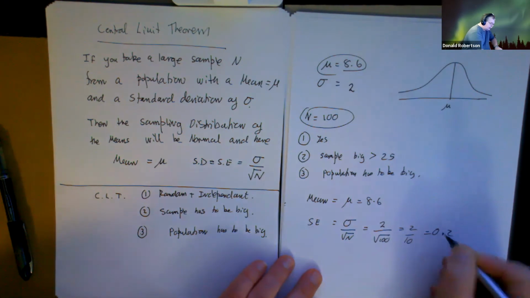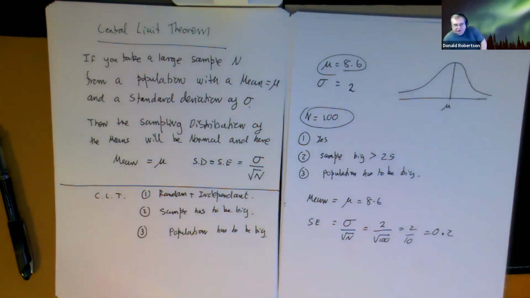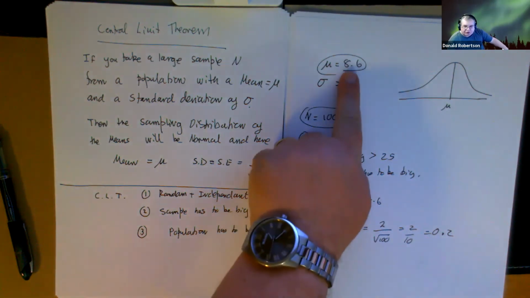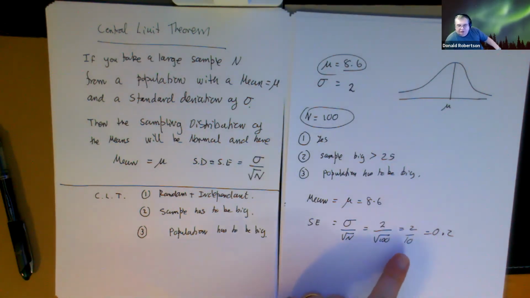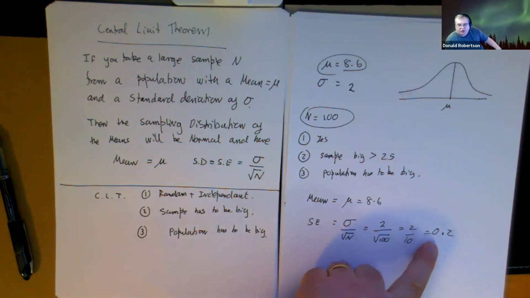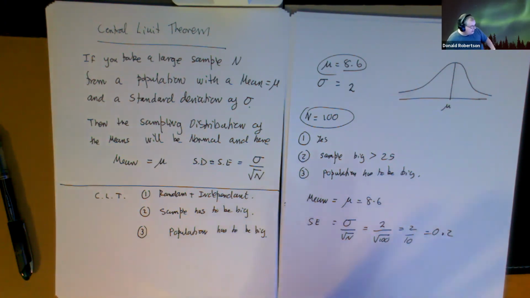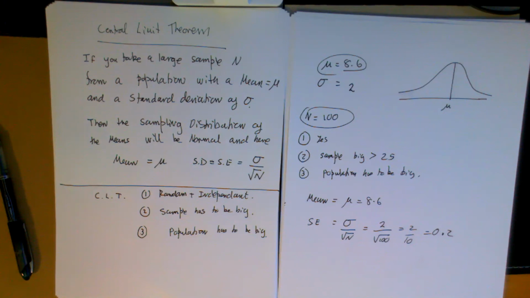So that's the new way that we're going to approach calculating what the sampling distribution looks like. It's going to be normal in shape. It's going to have the same mean as the population mean, and it's going to have a standard deviation called standard error of the population standard deviation divided by the square root of n. And that is the gist of most of what's about to happen.